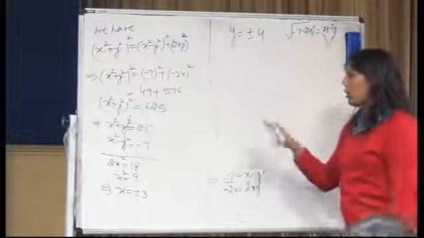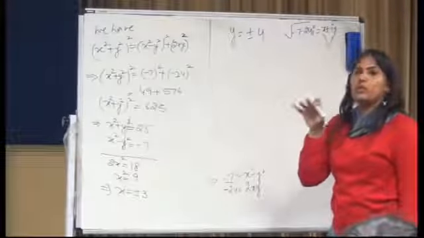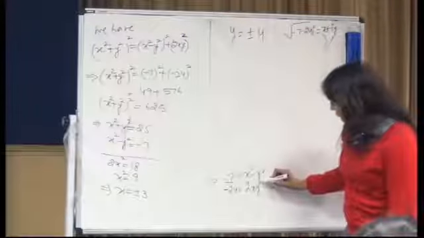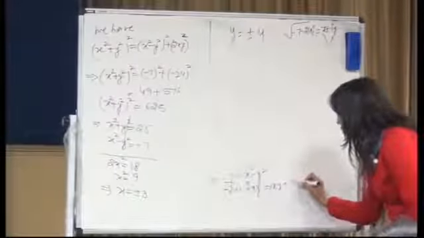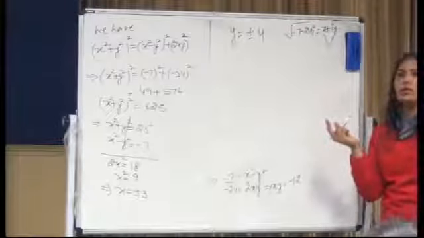Now how many combinations do we have? 4. Which combination will be perfect for our problem? Now you just see xy from here, xy is easily known. If one is positive, another one will be negative.